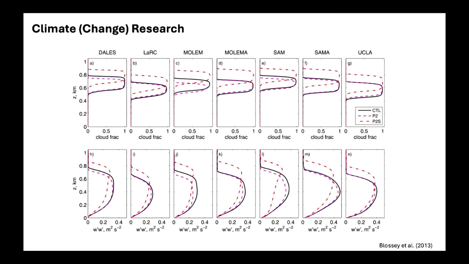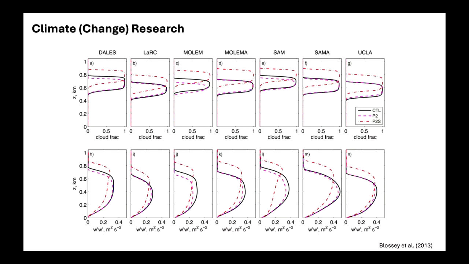And finally, I'm showing an application in climate change research, right? As I mentioned earlier, this is becoming a new trend where people could start to use this high-resolution simulation to answer some really important climate change problems. So in this study, 7 different cloud resolving models have been run many times to derive this mean profile of the subtropical low clouds.